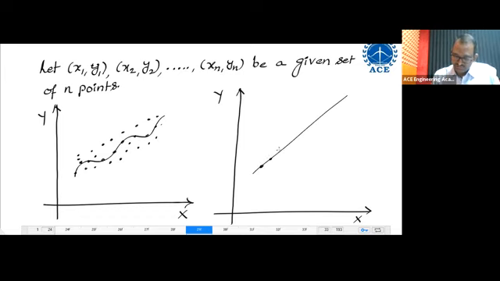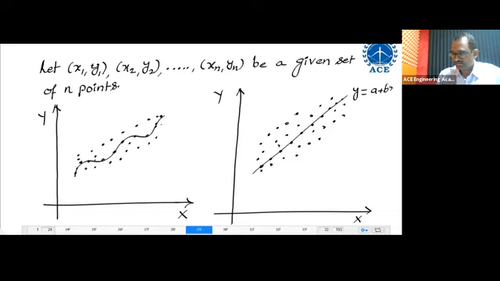Suppose if the set of points concentrates around a line, that is called a regression line, or line of best fit for the given data. Equation of this line is y = a + bx.